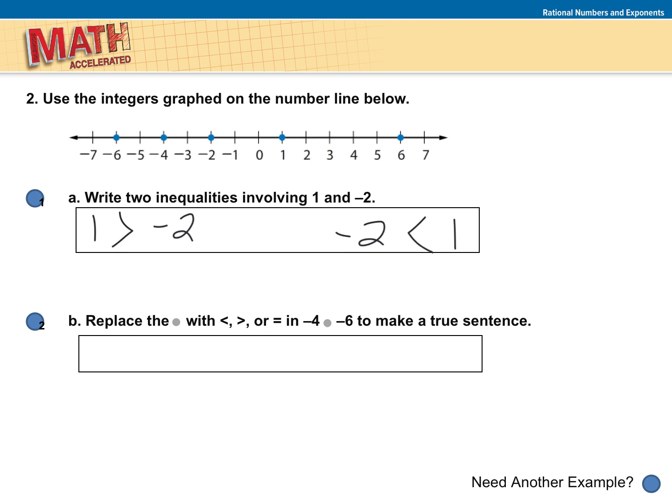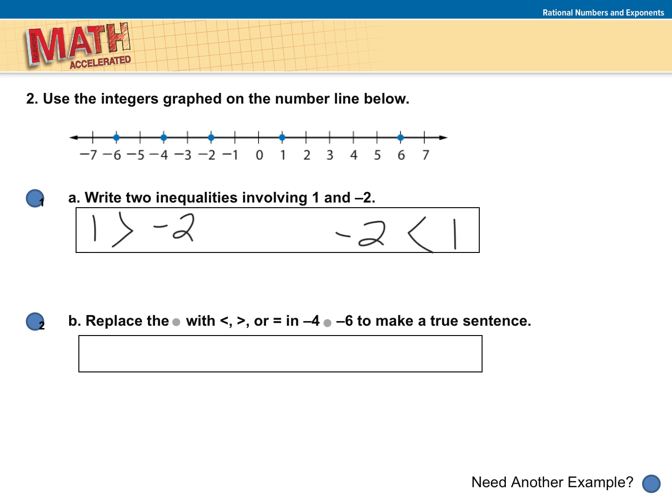All right. On number 2, we want to replace that dot with an inequality symbol. Think in your head and do it on your own. Which number is bigger? Braden. Negative 4. Why is negative 4 bigger?